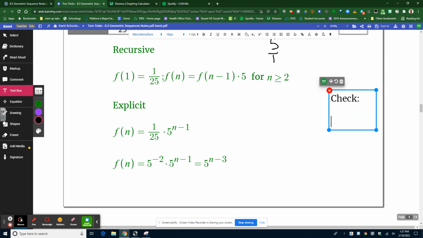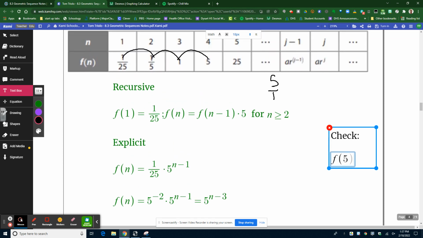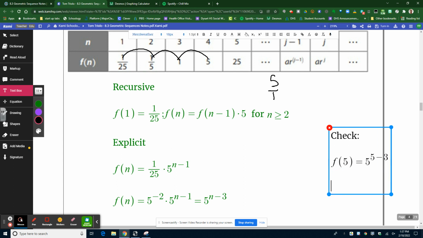So f of 5. The answer should be 25. So let's see if this works. Equals 5 to the power of 5 minus 3. What's 5 minus 3? 2. What's 5 squared? 25.